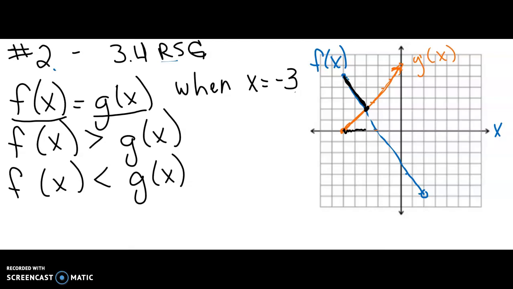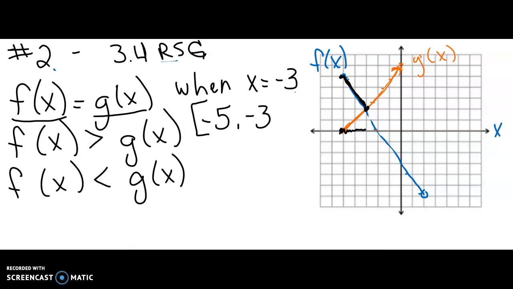What we really want to talk about is this interval that creates that situation. So that would be the interval from -5 to -3. And I just have to think about my brackets. I'm going to want a closed bracket on -5 because both of these functions are defined at -5 and because f of x actually is bigger than g of x when x is -5.